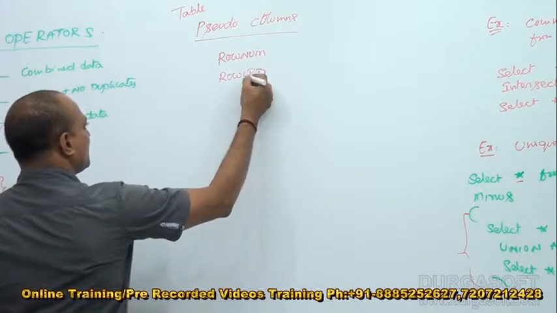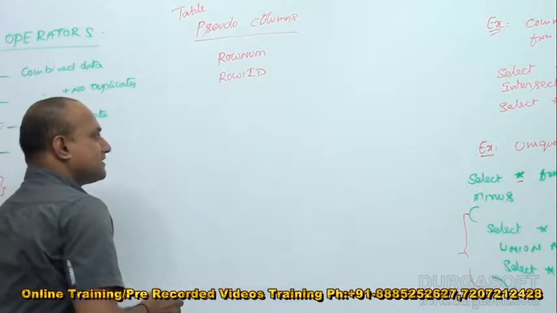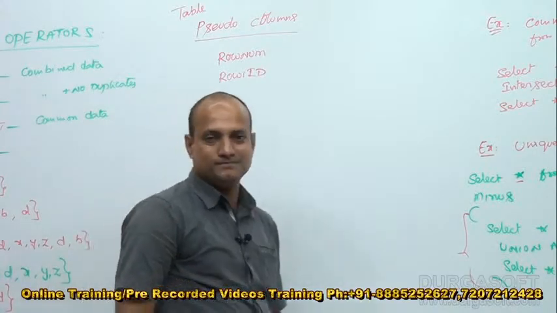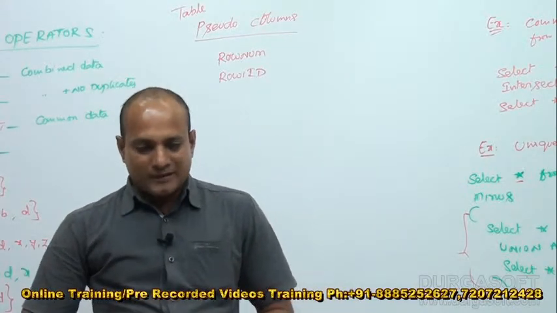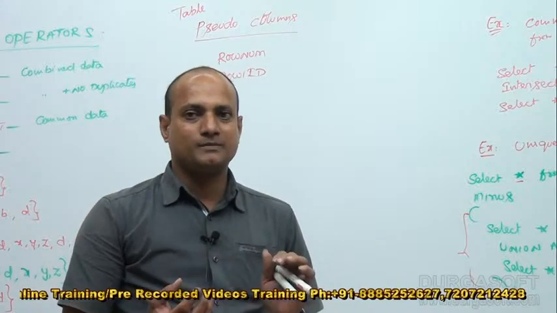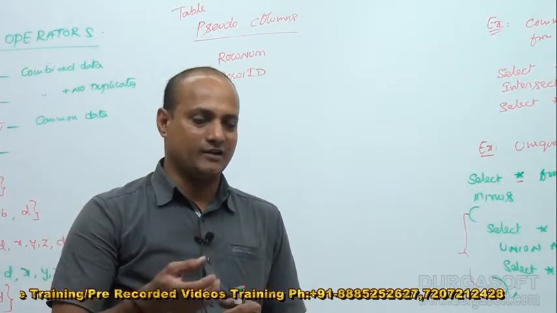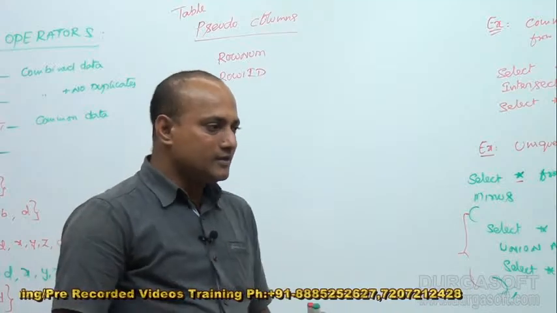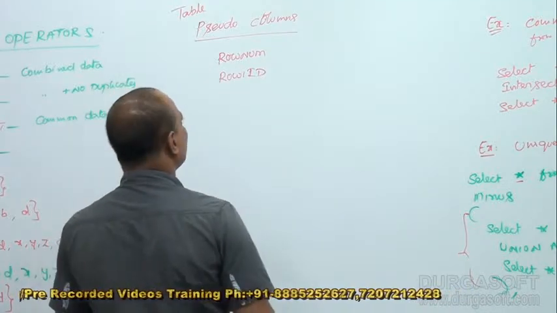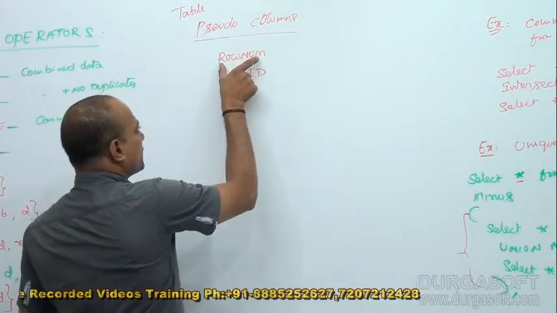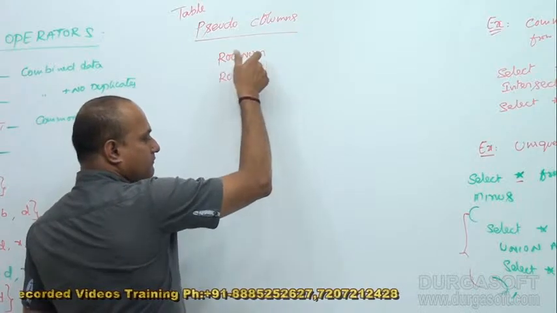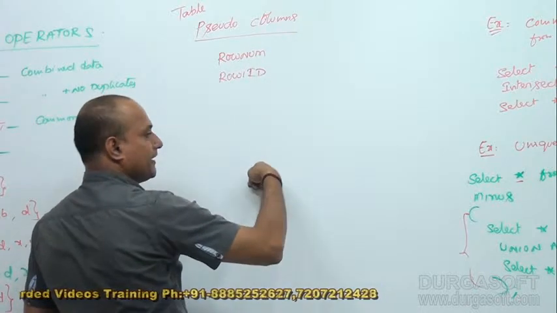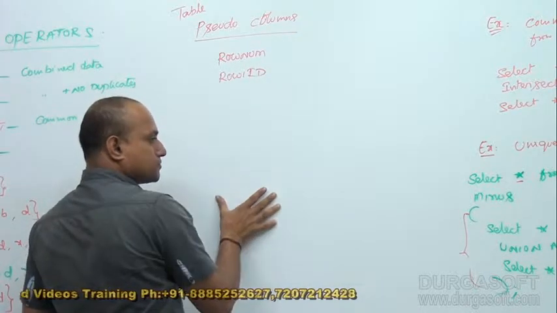What is a pseudo column? A pseudo column is nothing but a virtual column. You are maintaining records, but you are not maintaining any serial number for the records. You are just inserting the records without any serial number. But the Oracle engine internally maintains a row number pseudo column. Whenever you select data from the table, you get some output.